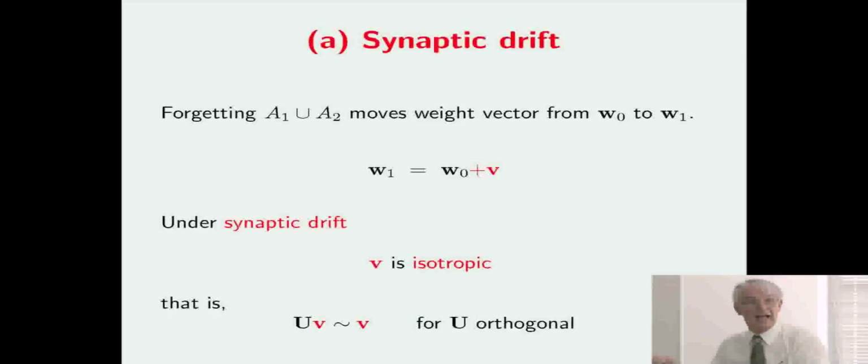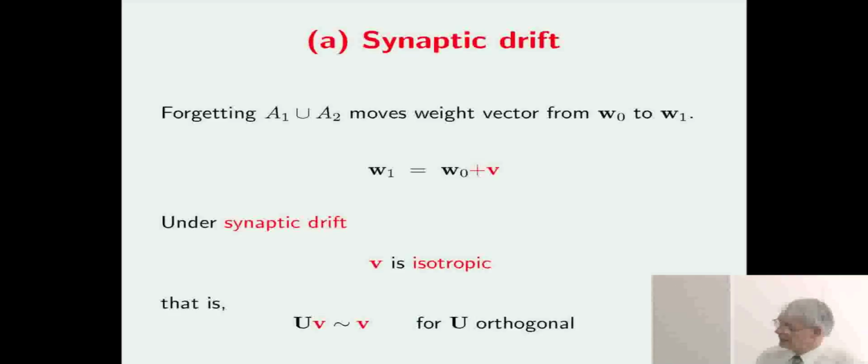In other words, any direction is as likely as any other direction. So the probability of getting V is the same as the probability of getting some rotated version of V. So if U is an orthogonal matrix, a rotation matrix, the distribution of U acting on V is the same as that of V.